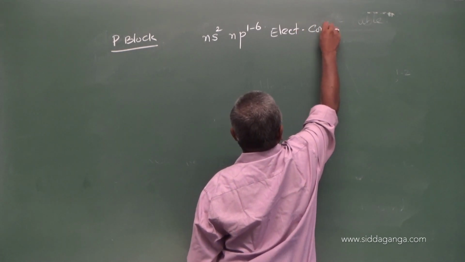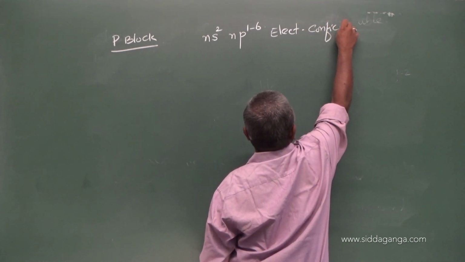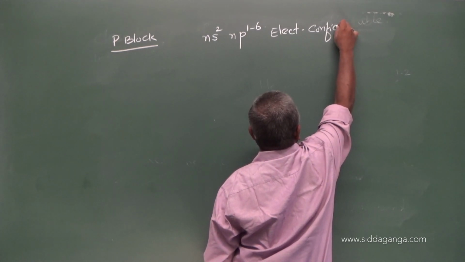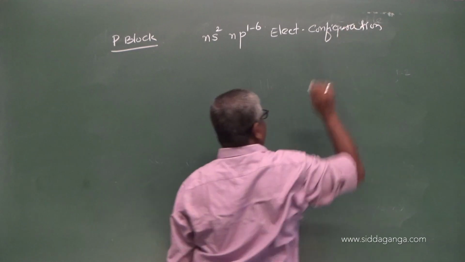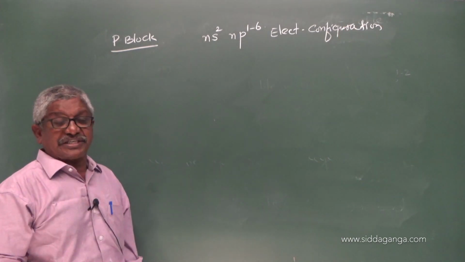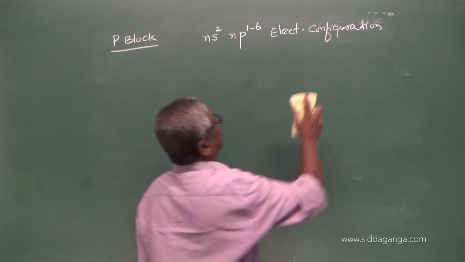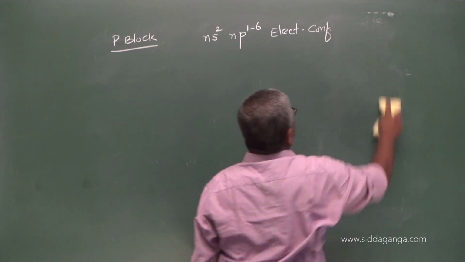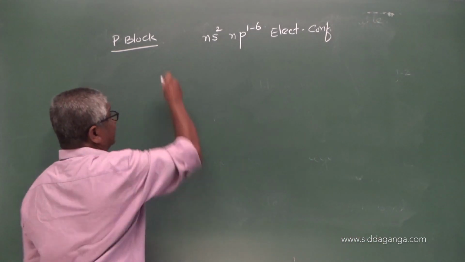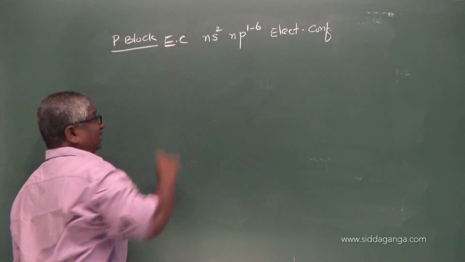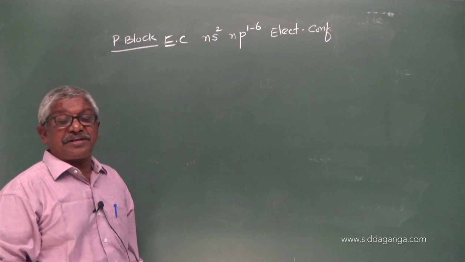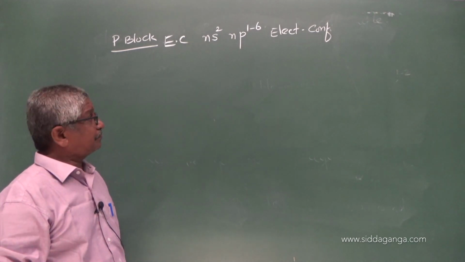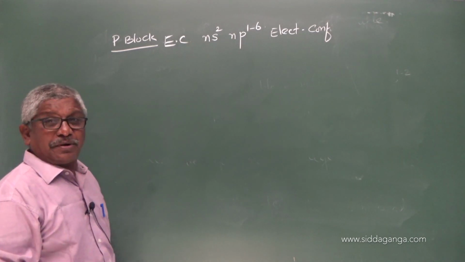Electronic configuration, simply EC, is ns2 np 1 to 6.